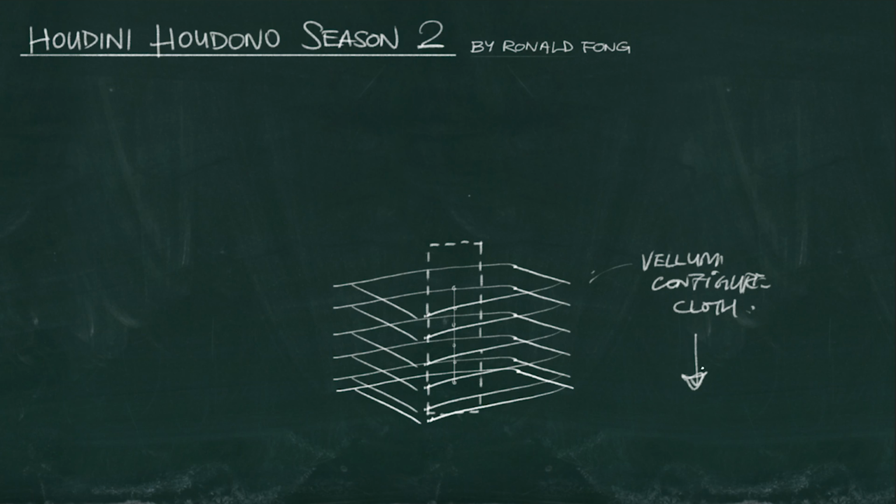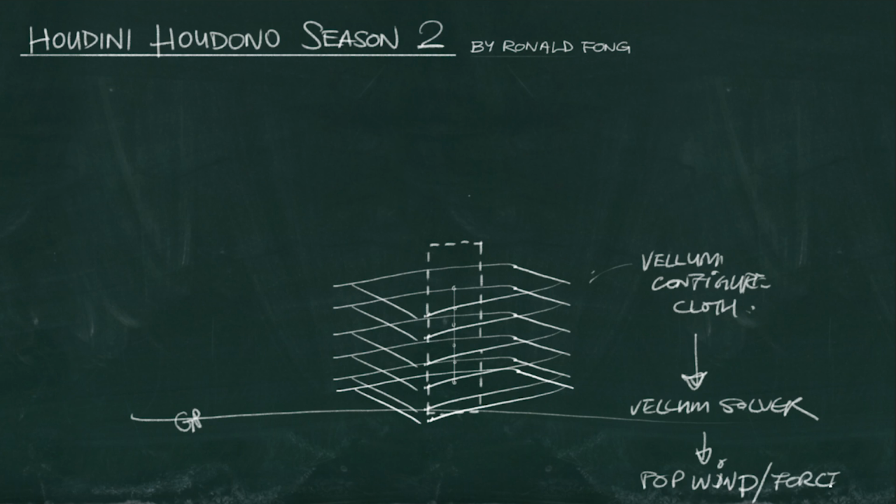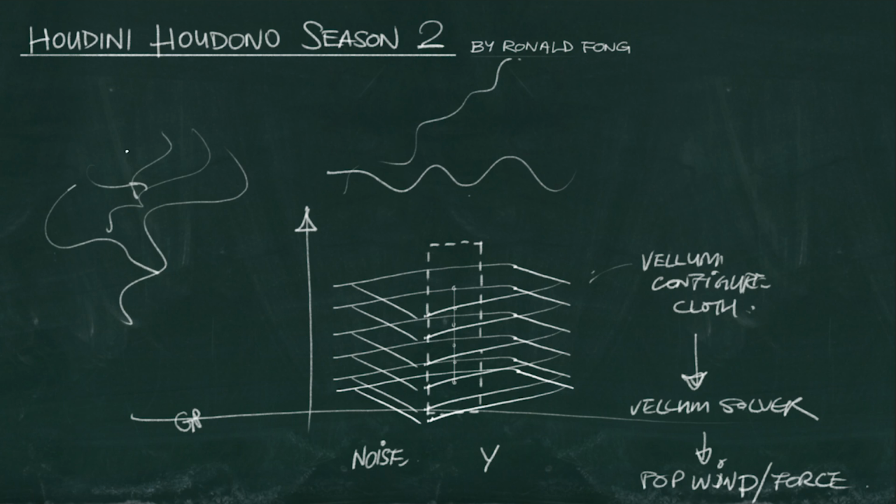We would then plug this all into a Vellum solver, optionally give it a ground plane, and then dive into the solver and drop down a pop wind or a pop force, depending on whether we want some air resistance. And we can define the upward Y velocity or Y wind to be of a certain strength. And also we should increase some noise so that there's a generally undulating noise pattern to create the very nice folds that we can see.